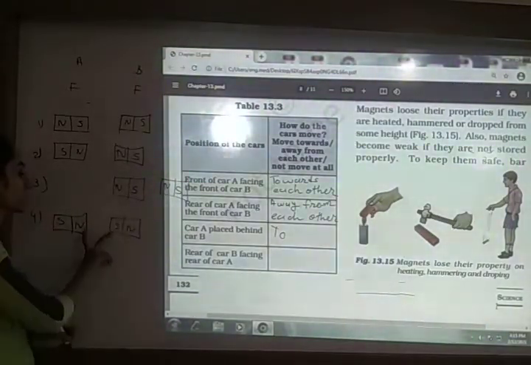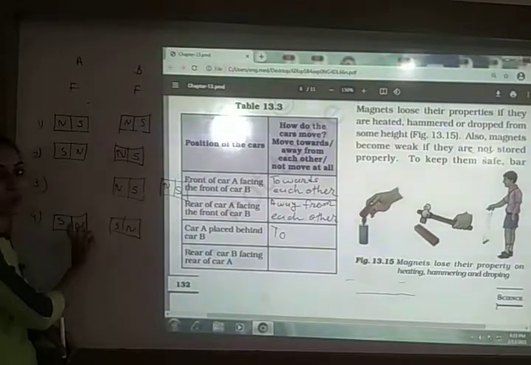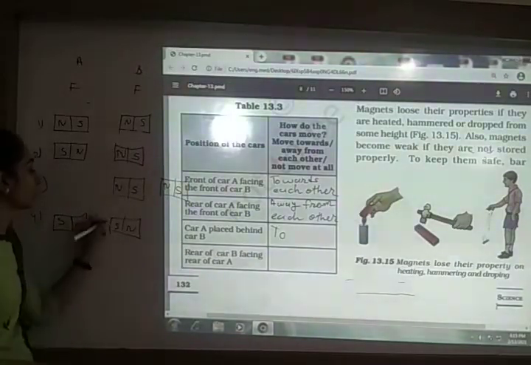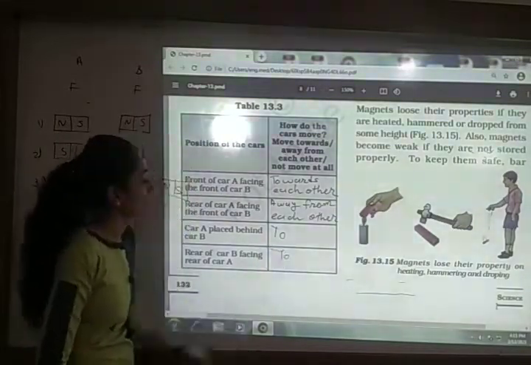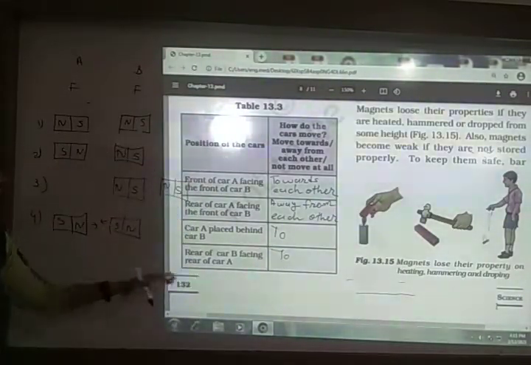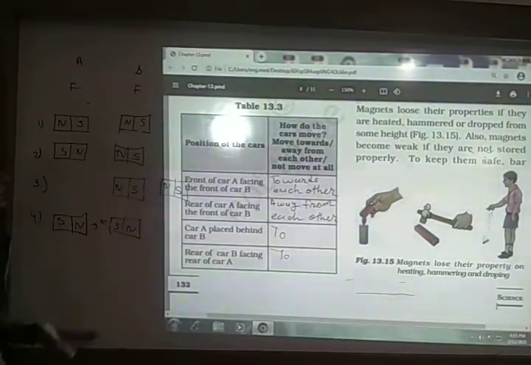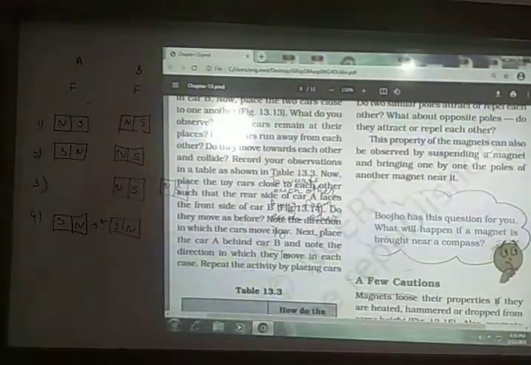So here again you can see that opposite poles, north and south, are facing, so they will move towards each other. So here again you have to write towards each other. So this is how the cars are moving towards each other and away from each other.